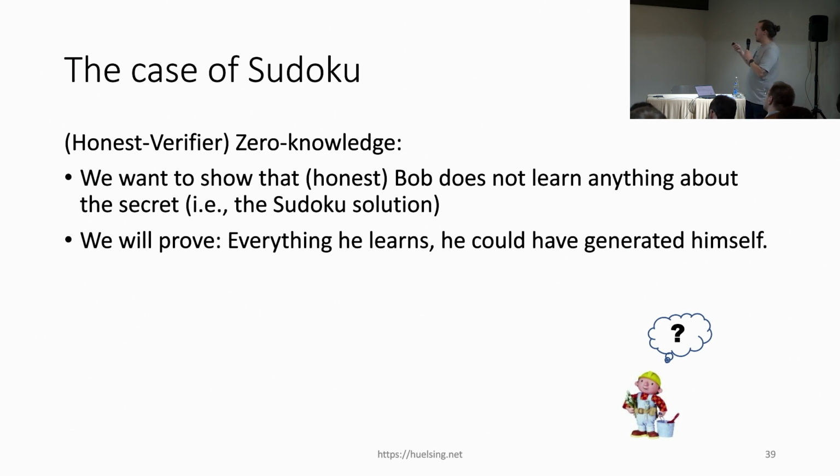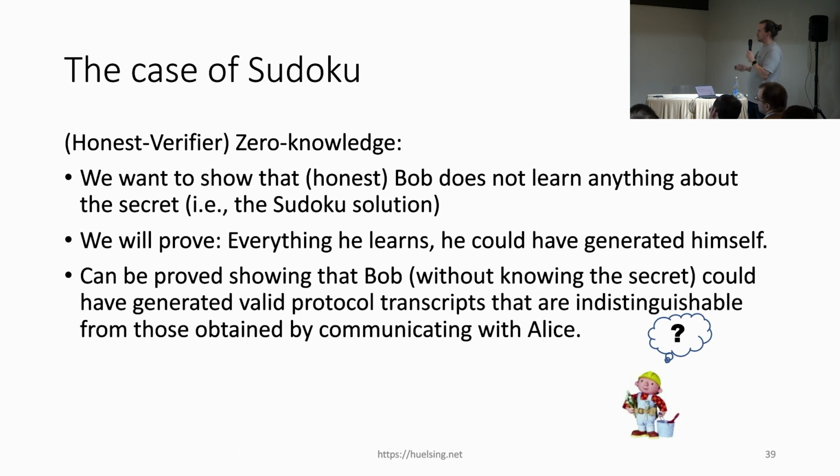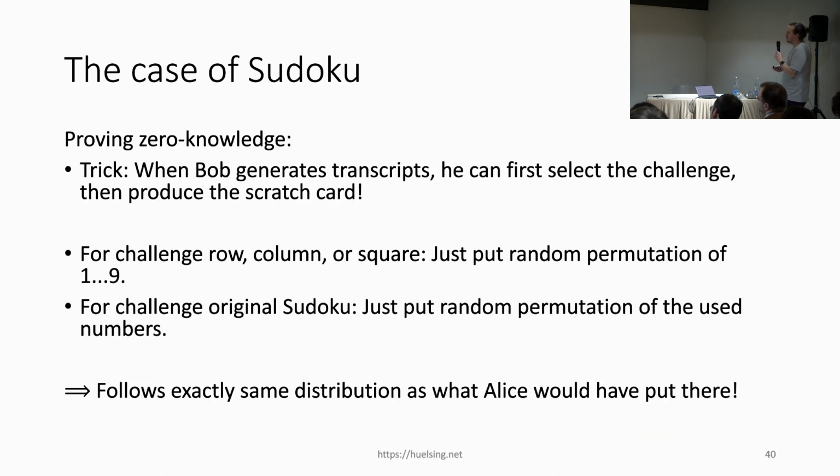And we can prove this by showing that Bob can generate transcripts which are indistinguishable from transcripts that would be the outcome of an honest interaction between Alice and Bob. How does this work?